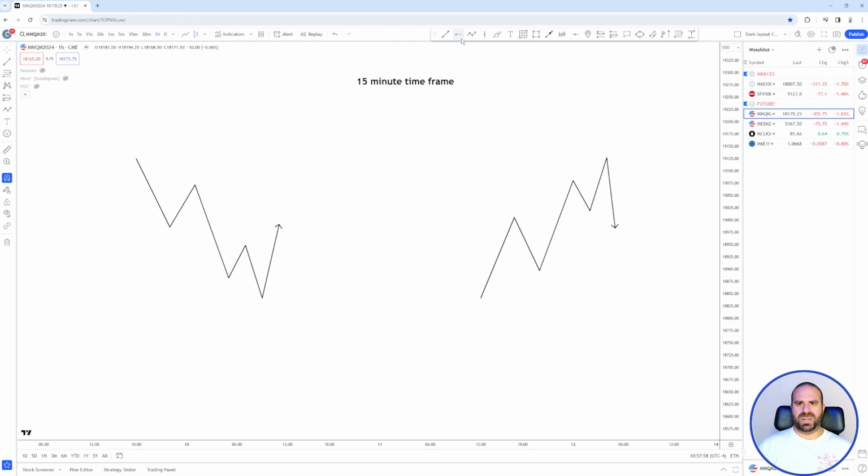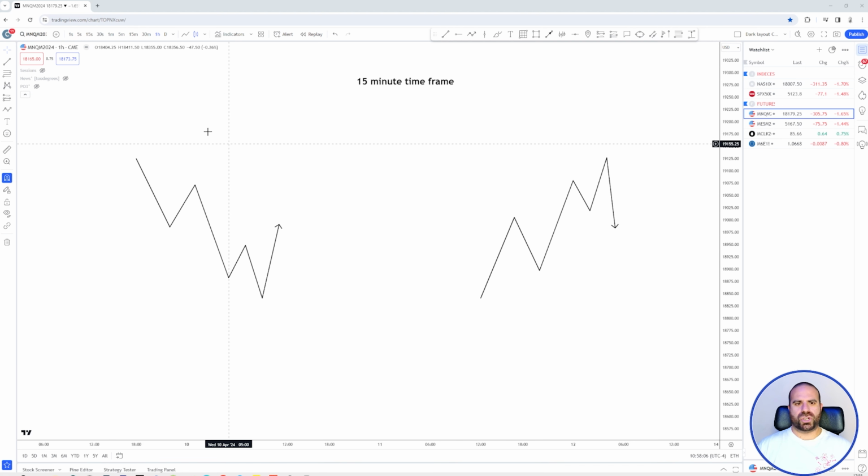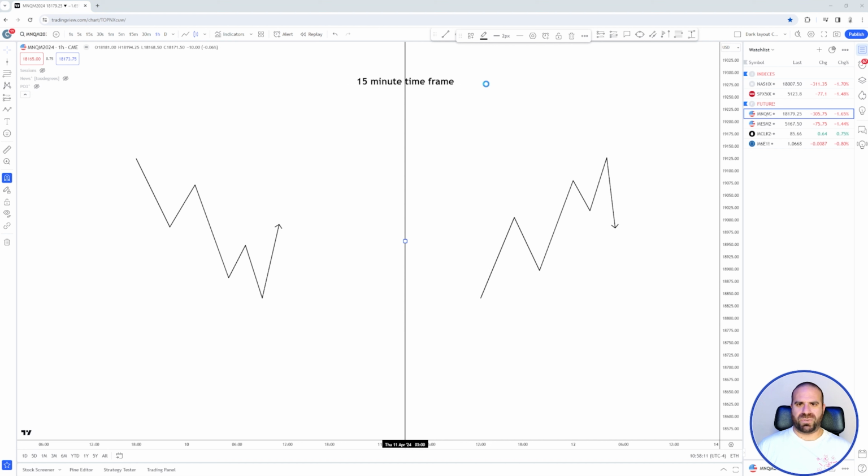We have a move. Usually it is a strong move when we are referring to Nasdaq and S&P 500. In the first example, which I'm separating with a vertical line, we have this down move right here.